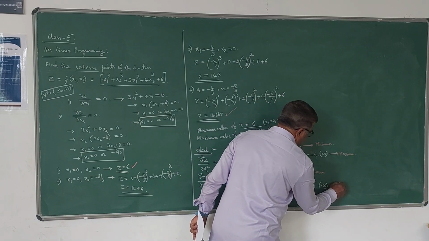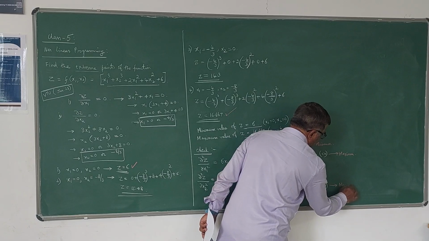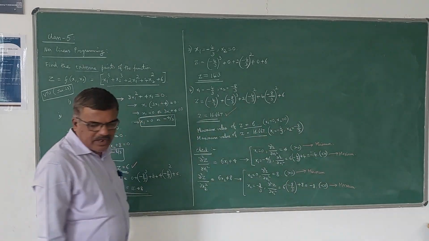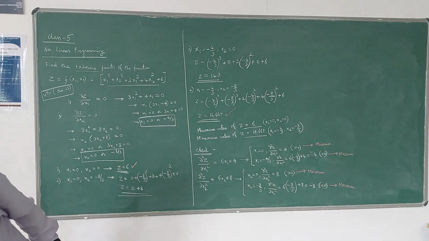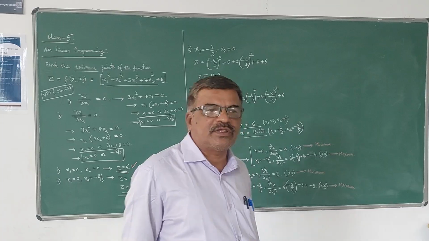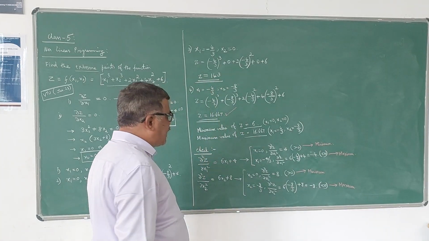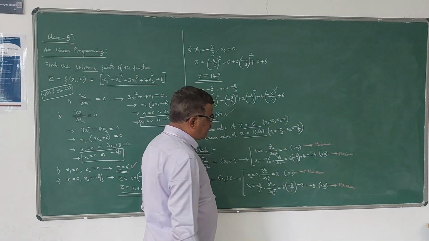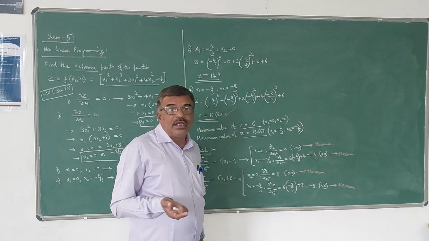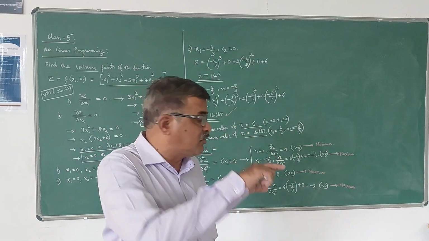And since it is negative, you can expect a maximum value. So as we know, if the second derivative is positive, it is a minimum value. If the second derivative is negative, it is a maximum value.